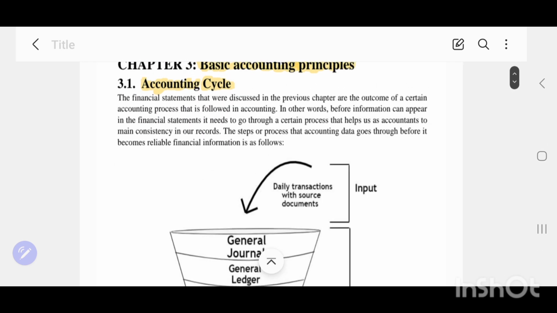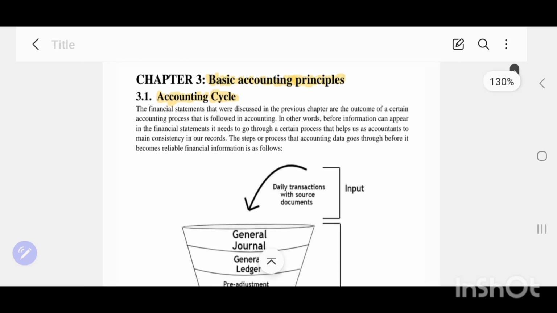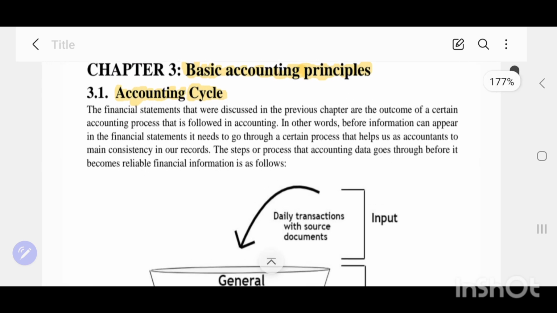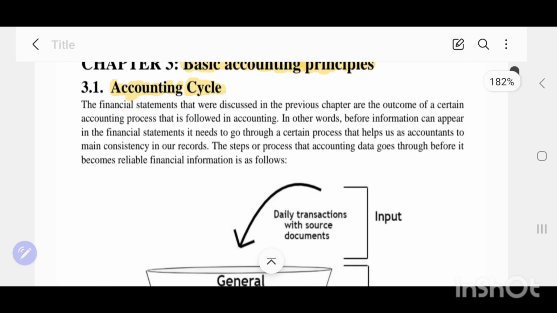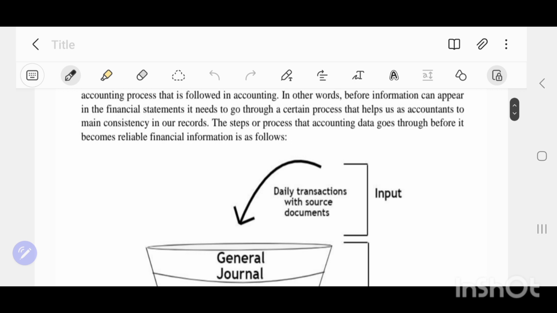we will start now with what is called an accounting process or an accounting cycle. For us to be able to convert the data in the form of daily accounting transactions into information, there's a certain accounting process that this data must undergo.